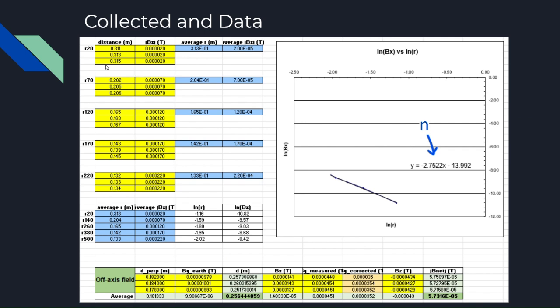The data we collected is in yellow, and it generated this plot of linearized data from one of the equations previously stated. From this plot, we got the slope, which is the n value, to be 2.7522, which is very close to 3.